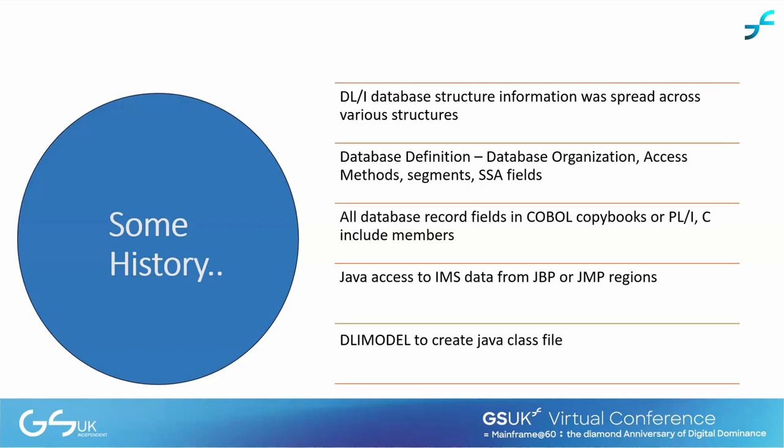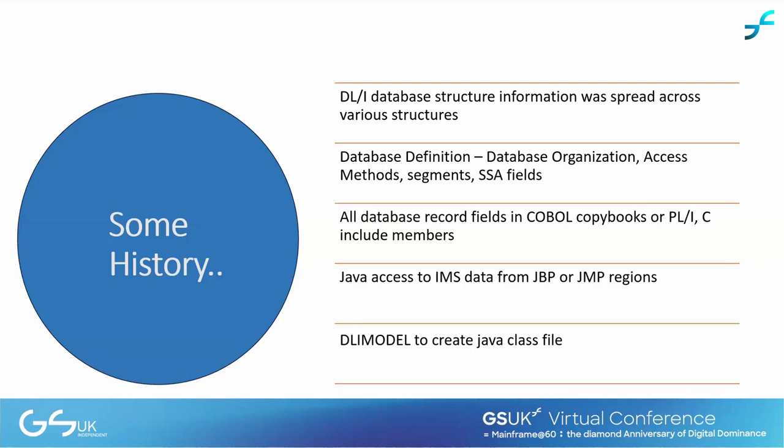So we all know that when we define any database or application or transaction to IMS, especially an application in terms of PSB and a database definition in terms of DBD, we code assembler macros in the DBD source and PSB source, right? And you might have noticed that if you have ever seen any DBD source, you only code some of the important fields. So just for simplicity, let me take an example.